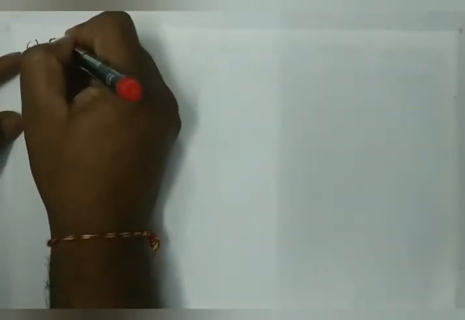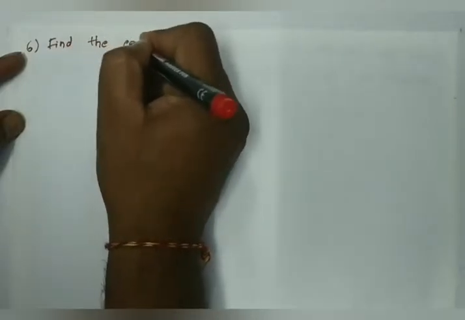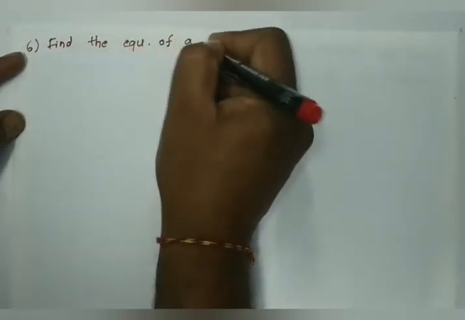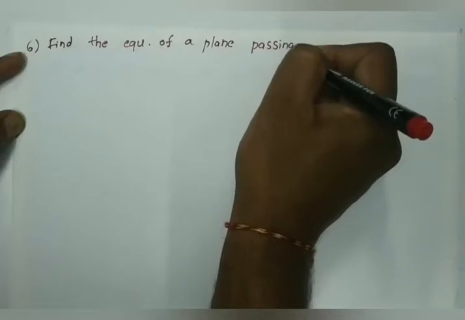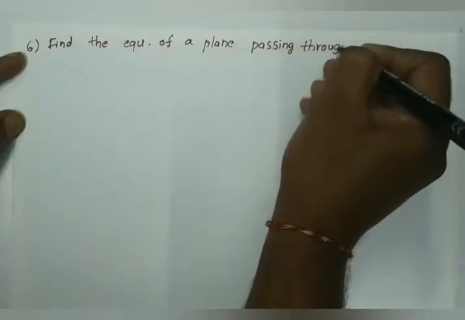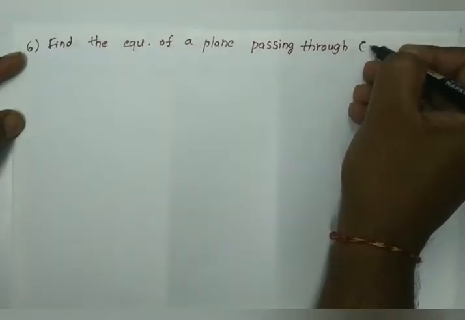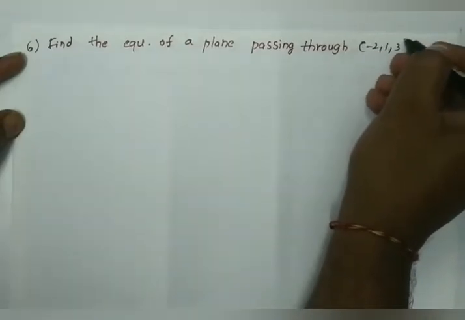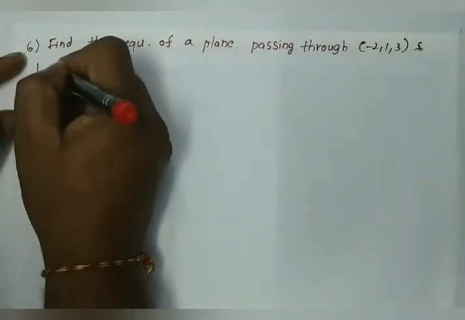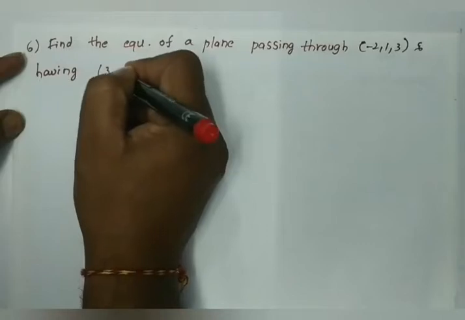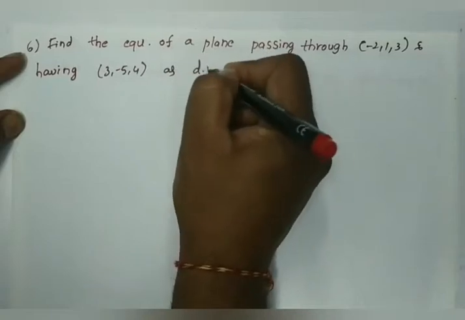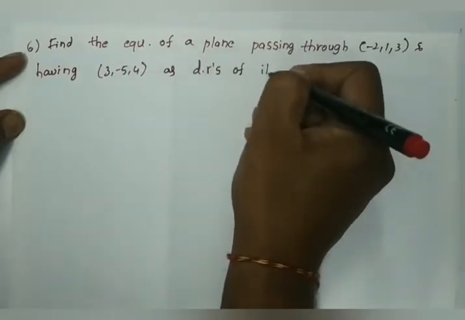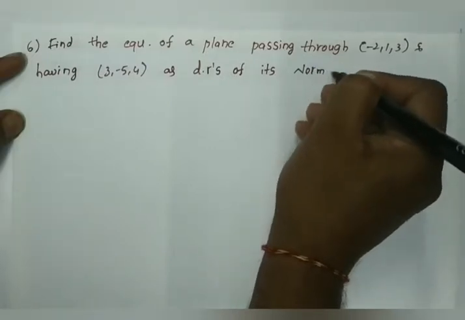Now let us discuss problem number 6. Find the equation of a plane passing through the point -2, 1, 3 and having 3, -5, 4 as direction ratios of its normal.